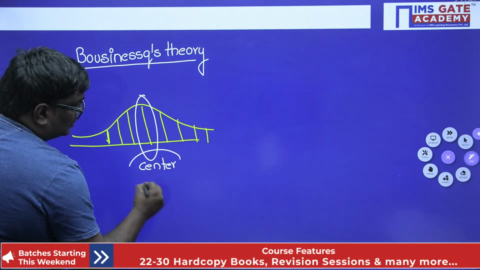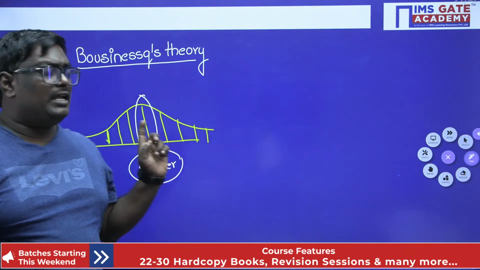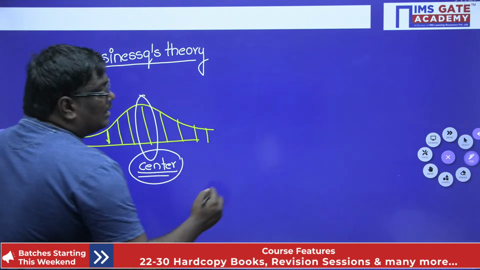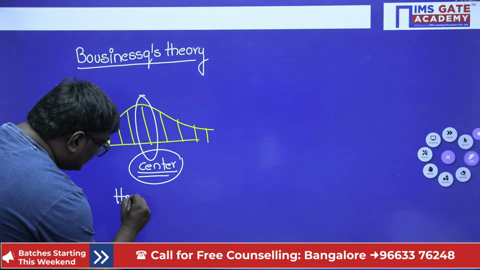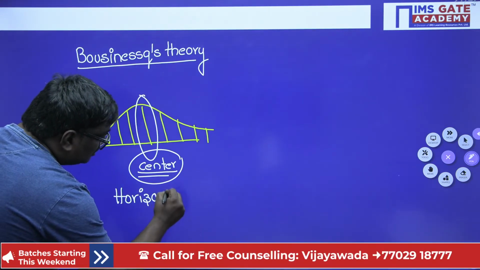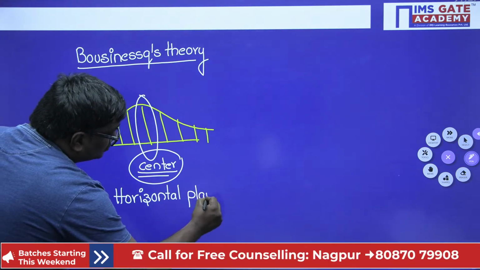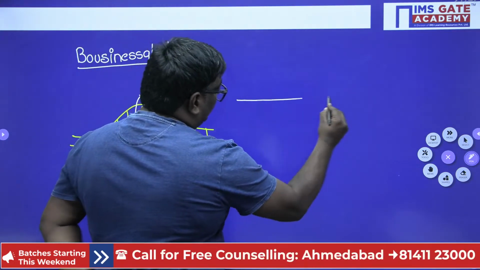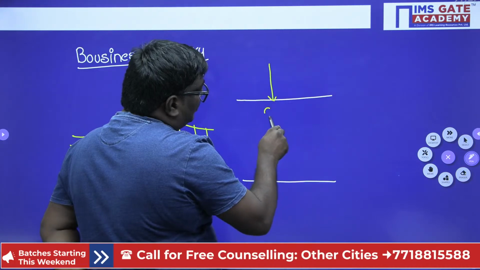The stress distributes parabolically, and it has a maximum value at the center. This is in the case of a horizontal plane. Now my dear students, if I want to understand the vertical stress, if a load Q is acting, this is an important question.